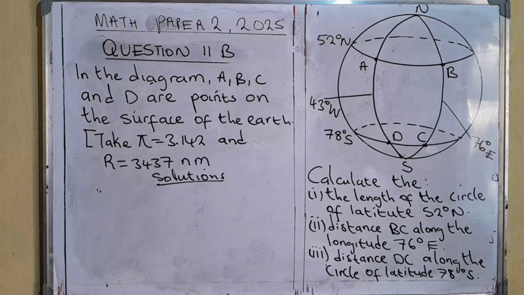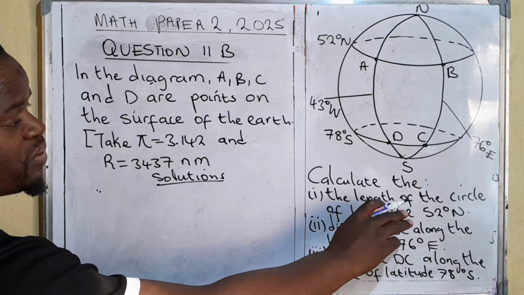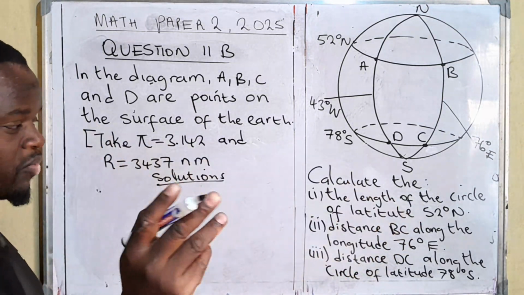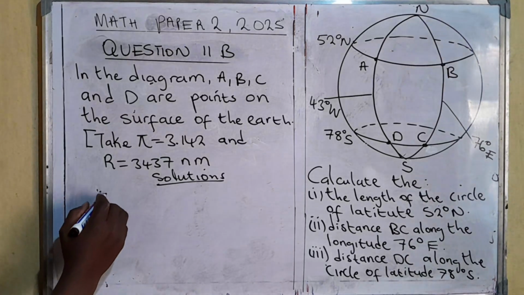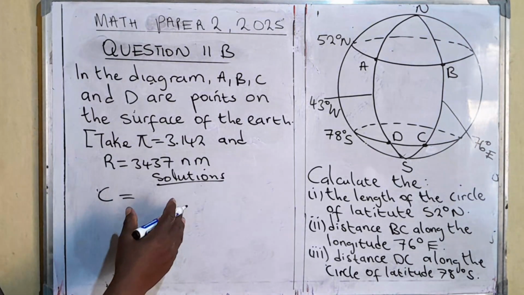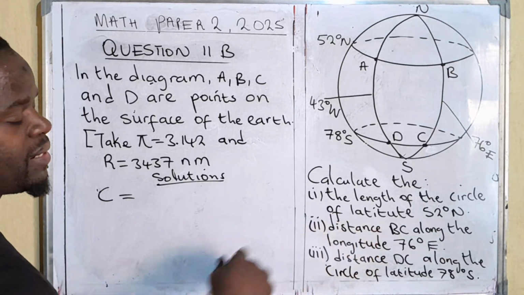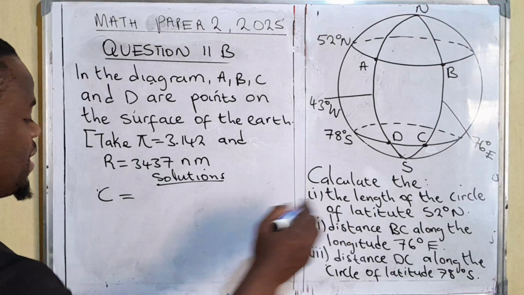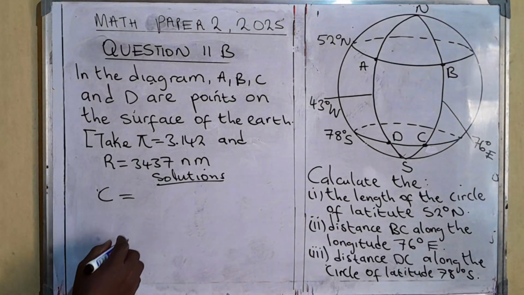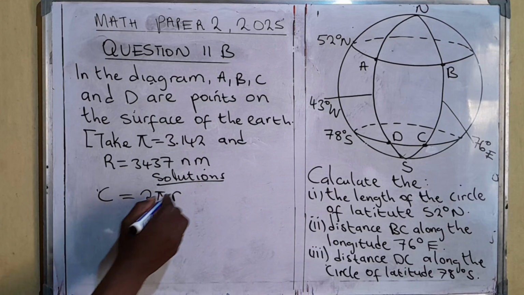Let's resolve this. For us to calculate the length of the circle of latitude 52 degrees, we need to write the formula, and the formula is circumference. If they ask you to find the length, they're asking you to find the circumference. So what you say is 2 pi r.